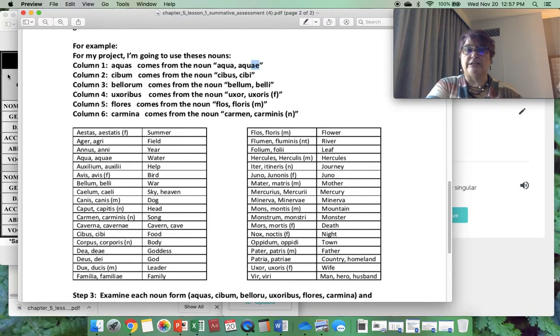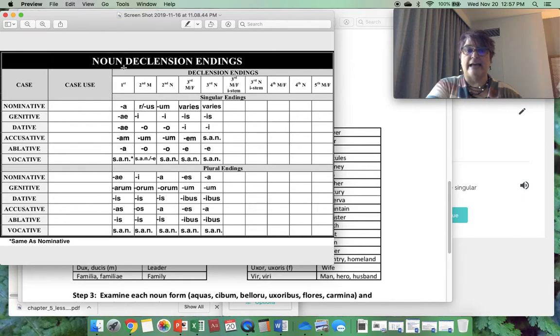So when I go to determine its case, I have to look at the first declension endings. And I see that AS is accusative plural, and that means that that noun, aquas, can be the direct object or an object of a preposition when it's in a sentence.